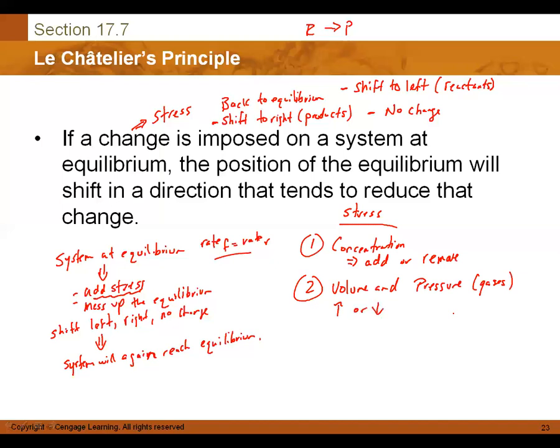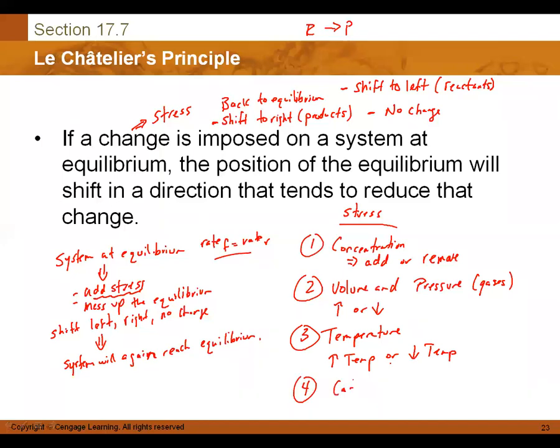There's also temperature, which can affect the equilibrium. You could either increase or decrease the temperature. And the last thing people think about when adding stresses to a system at equilibrium is that you could add a catalyst.